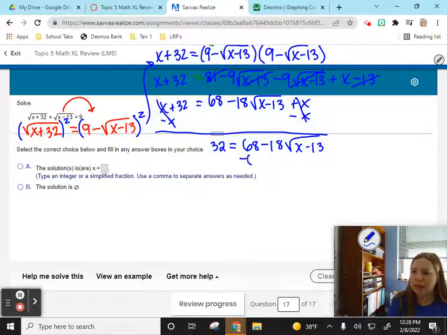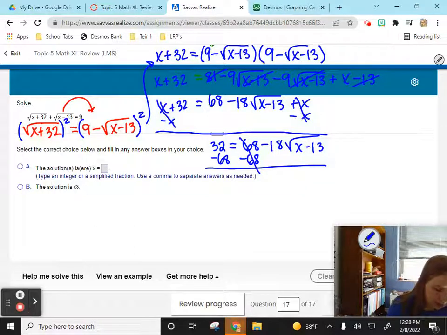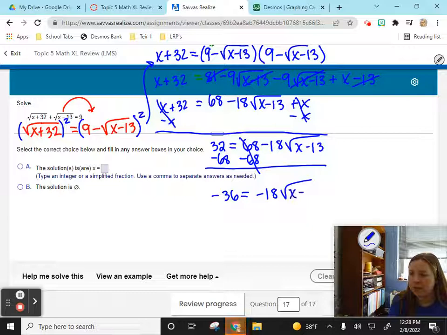I want to get my 68 to the other side, so I'm going to subtract 68 from both sides. That's going to give me negative 36 equals negative 18 square root of x minus 13.